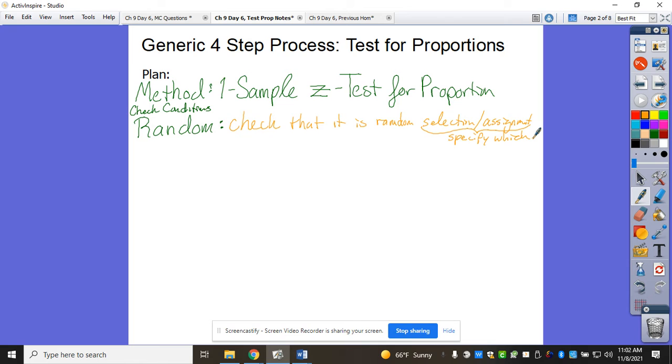So I wrote kind of sloppy, but that's literally word for word the same way we've written it at the beginning. So check that it is random selection or assignment and specify which one.